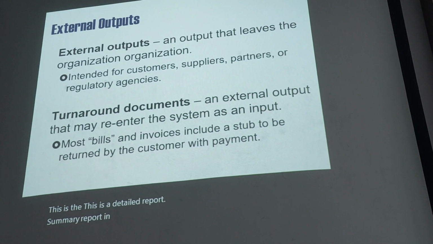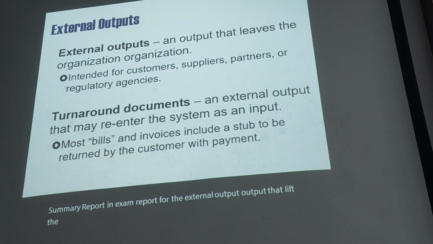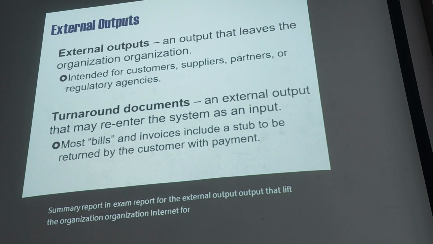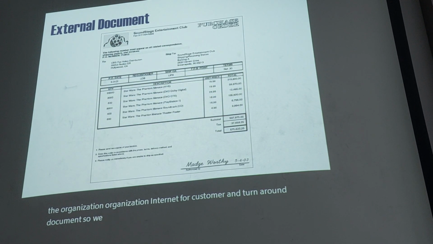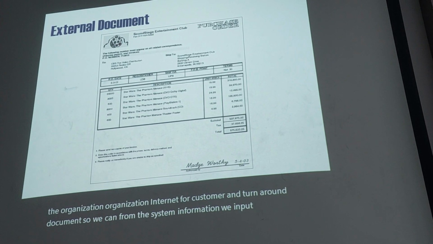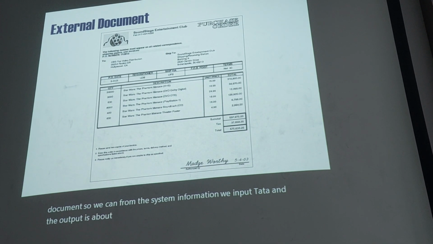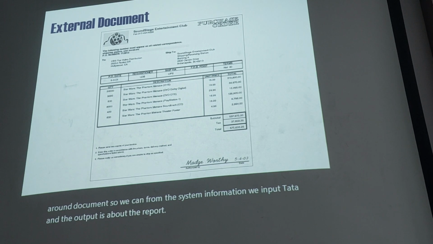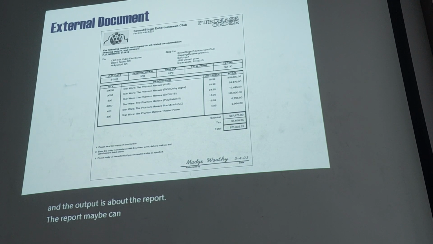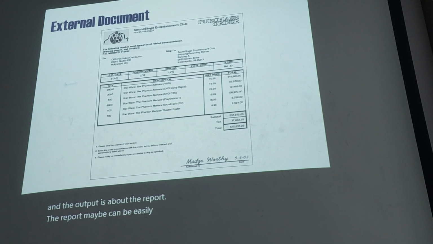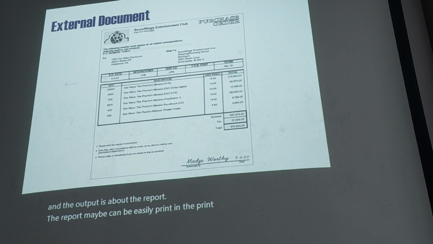For the external output, that is for the organization, internet for customer, and turnaround document. So from the system information we input data, and the output is the report. The report can easily be printed in a print format by the information system.